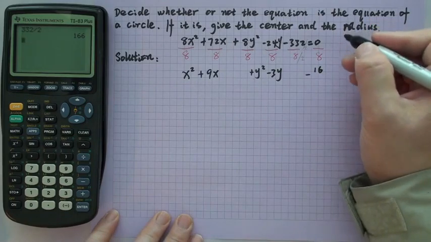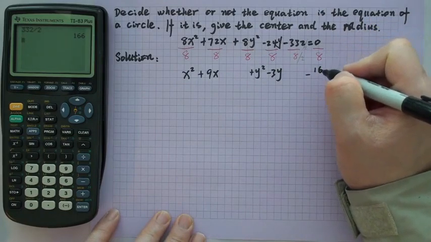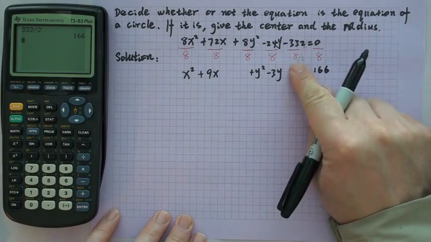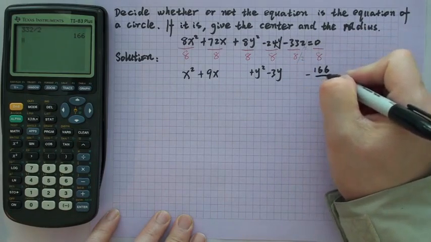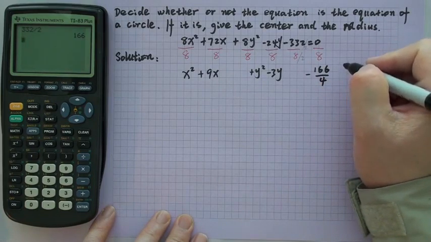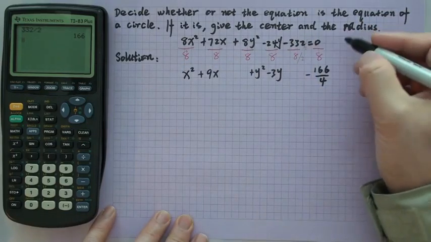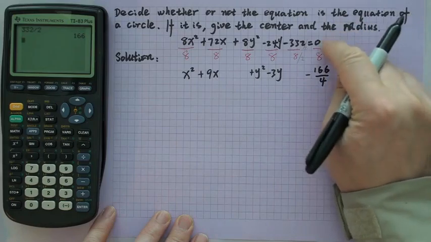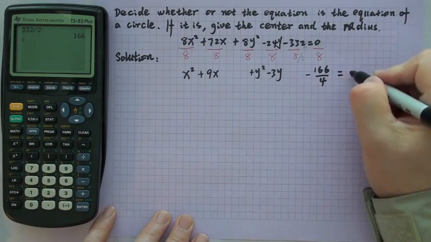That's not 161, it's 166. And 8 divided by 2 is 4. That's all on the left. Right-hand side, 0 divided by 8 is still 0.